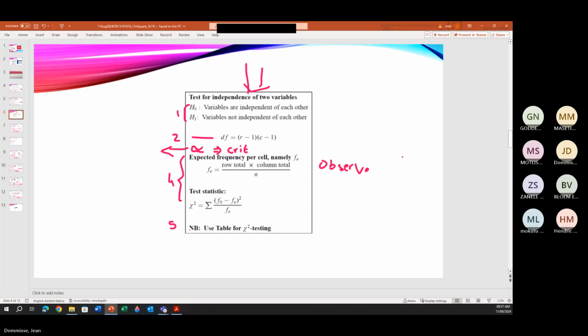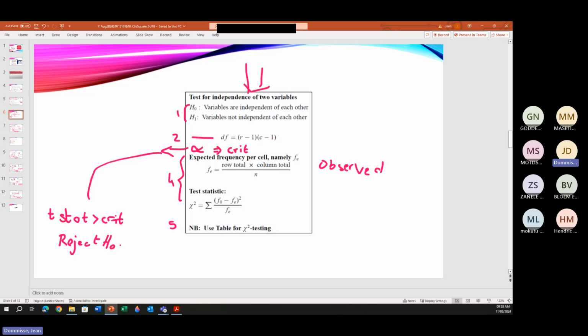Then the T-stat comes into play and you need to make a decision by going to that chi-square table, looking at the critical value, and saying, well, if my T-stat is bigger than my critical value, I reject the null hypothesis. Okay, so those are the steps that you can follow.